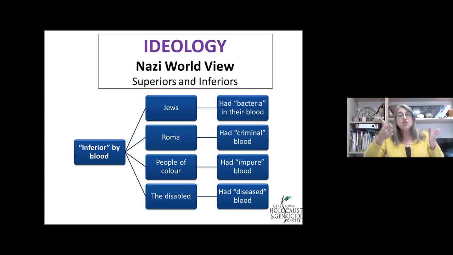So for the Germans, it wasn't necessarily about skin color, it was about your blood. However, those people who had darker skins, well, that was just because their blood was impure, according to the Nazis. So I just want you to try and get your head around that.